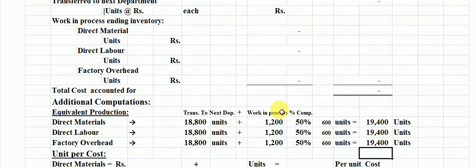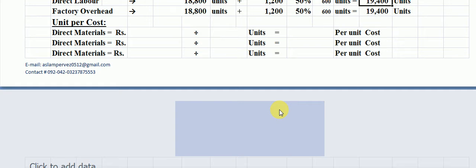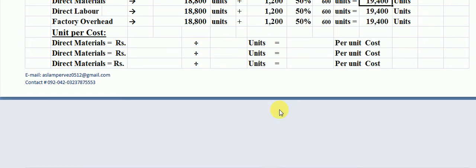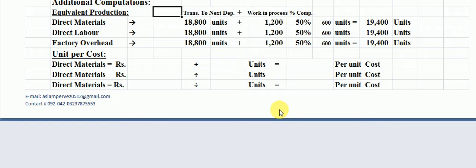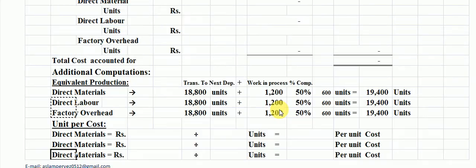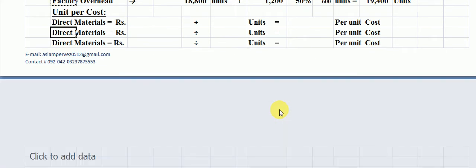Now we have to find out the per unit cost in material, labor and factory overhead. Direct labor, factory overhead.